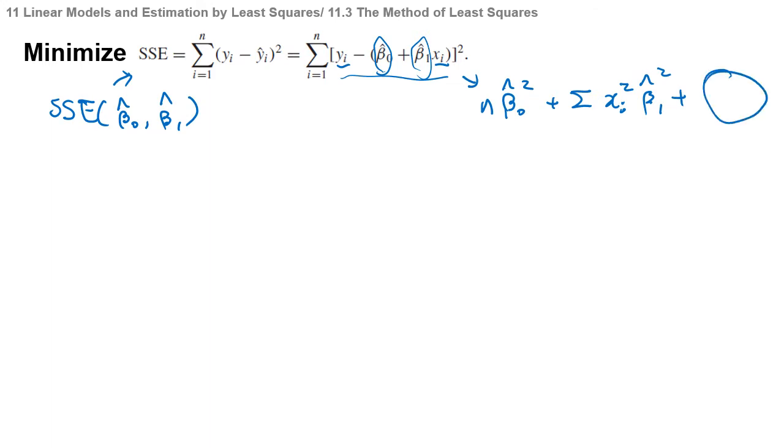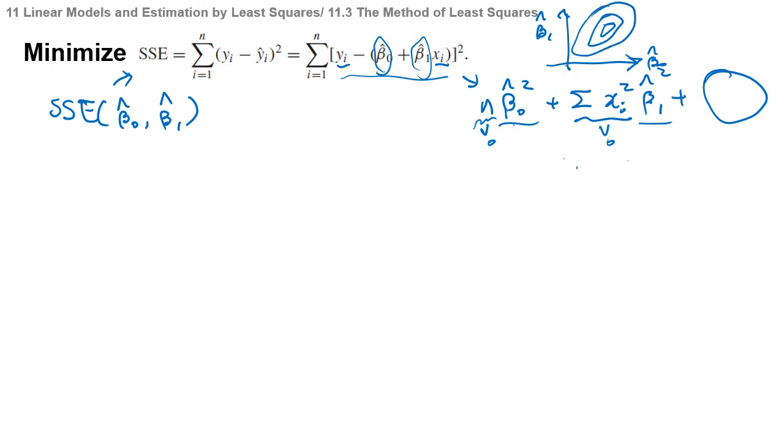Since n is greater than 0 and sum of xi square is greater than 0, with this axis being beta 0 hat and this axis beta 1 hat, the shape of SSE would be this kind of parabola.